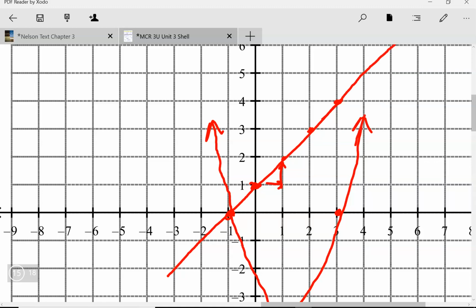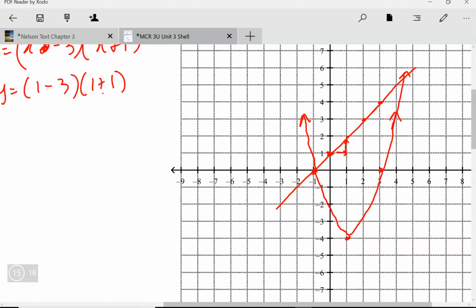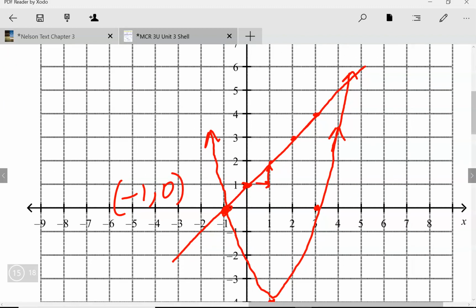Like that, and my parabola, it's hard to tell where it's going to intersect graphically. I can say one point of intersection is definitely negative 1 comma 0. The other point of intersection is hard to say really. Based on my hand-drawn graph, I'm going to suggest it's about 4.5 here.